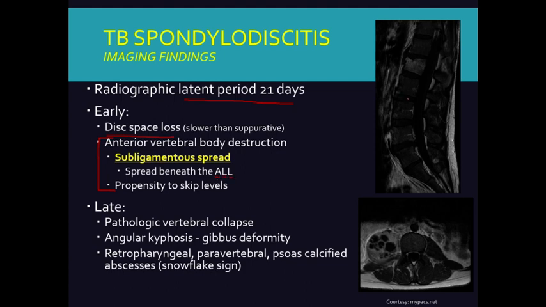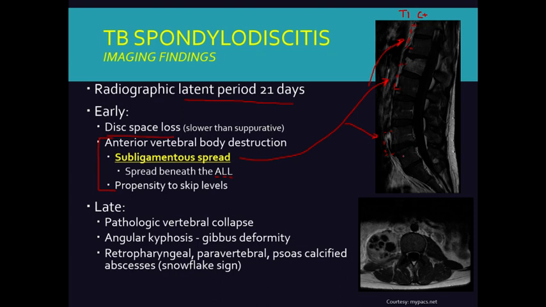So if we look at this patient here, this is a T1 post-contrast image. We can see where there's some contrast enhancement in this region, and then in this region, and potentially up here as well. This is that subligamentous spread. And for whatever reason, it likes to skip levels.